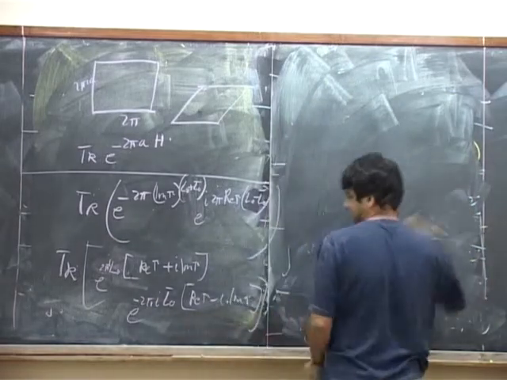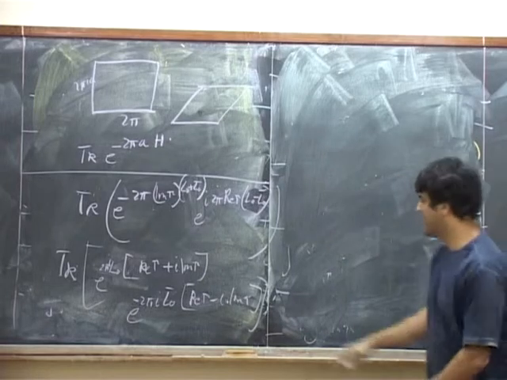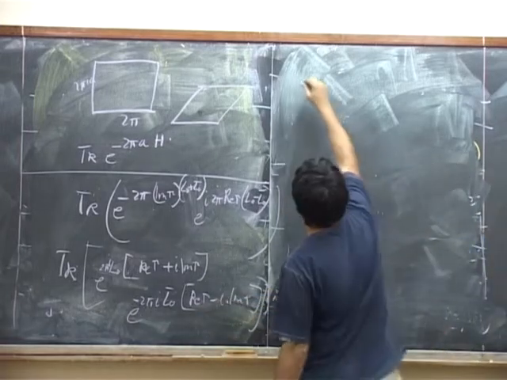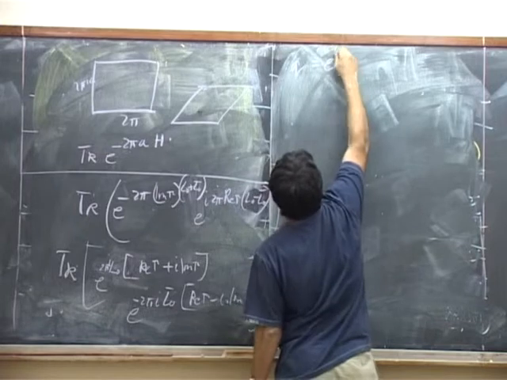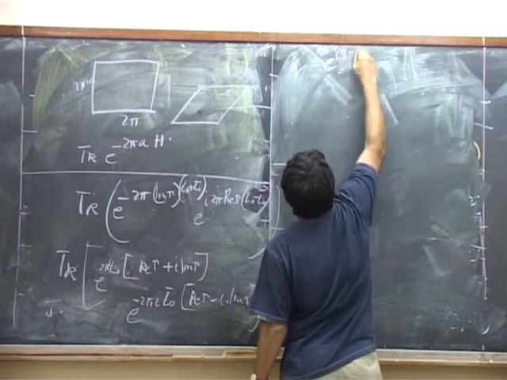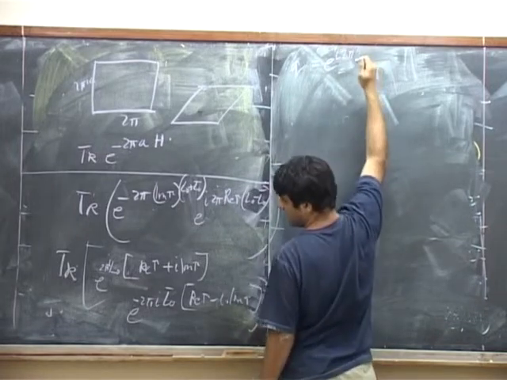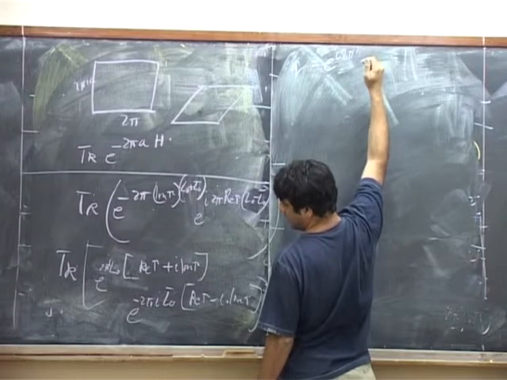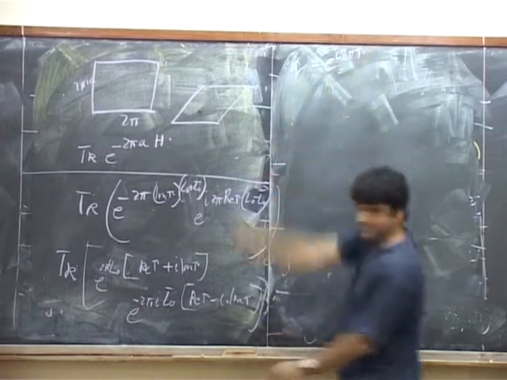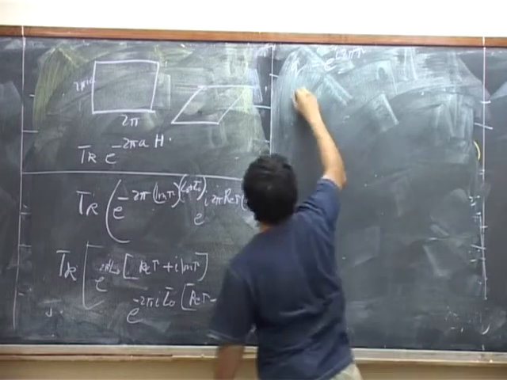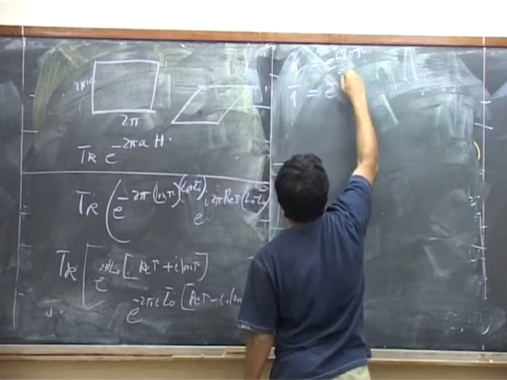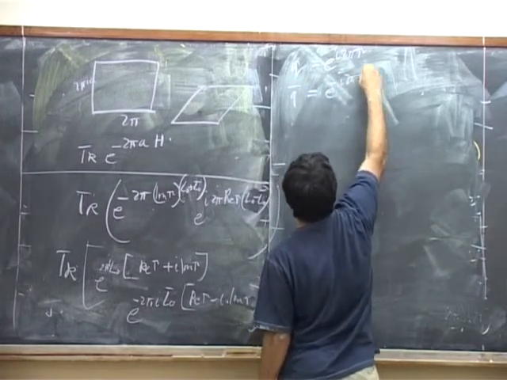Okay? So, suppose q is equal to e to the power I 2 pi times tau, and q bar is equal to e to the power minus I 2 pi times tau bar.